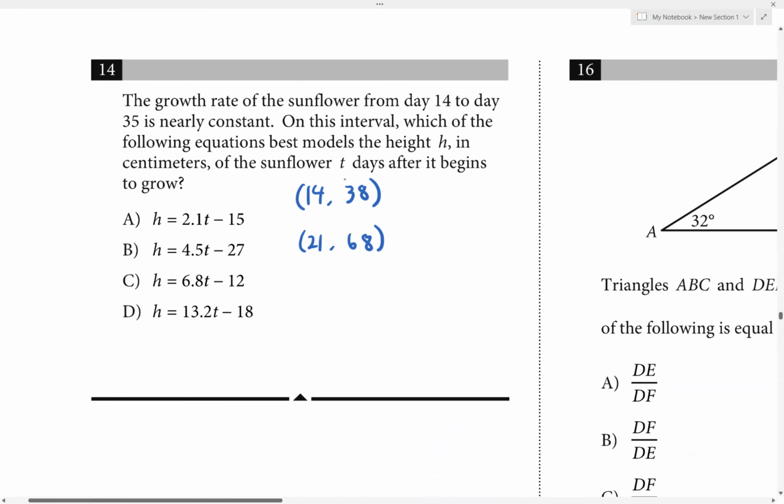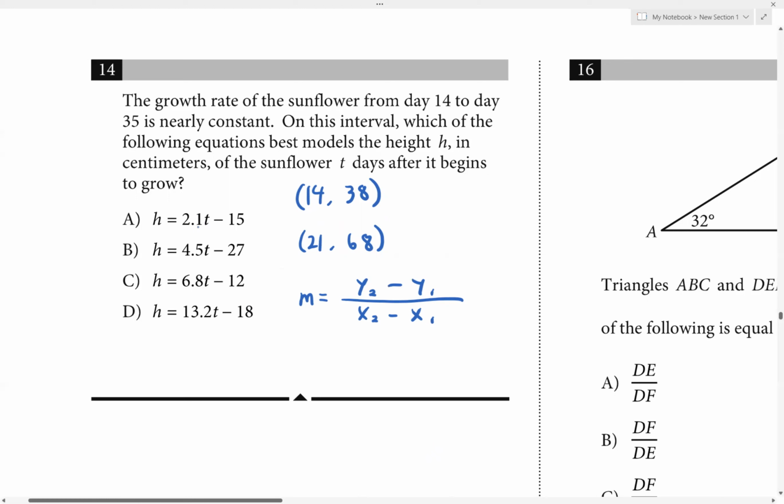If we have these 2 points, we can use them to solve for the slope. Here we can use the slope formula: slope is equal to y2 minus y1 over x2 minus x1. If you have any 2 points, you can use this formula to solve for the slope, and that will be the number in front of the t.